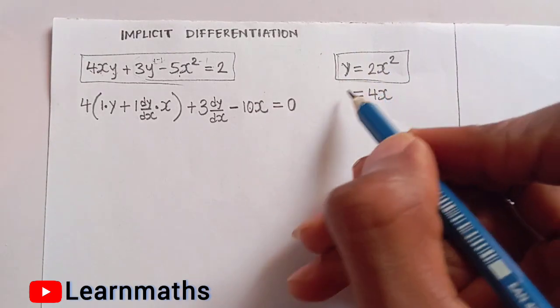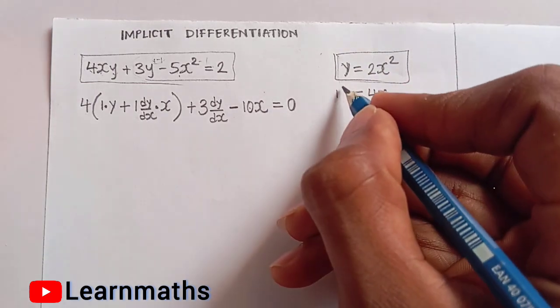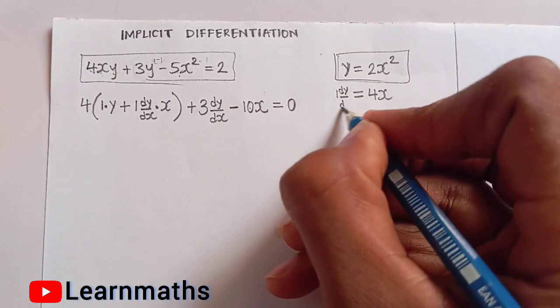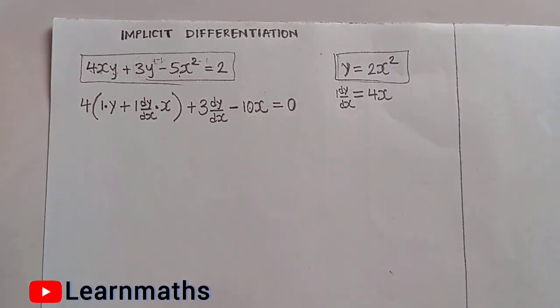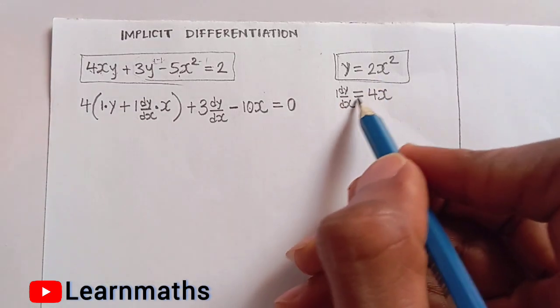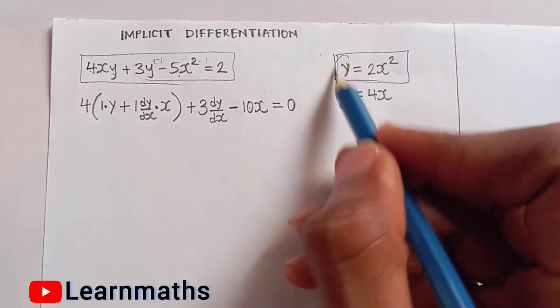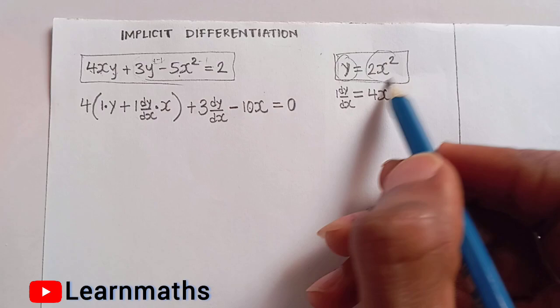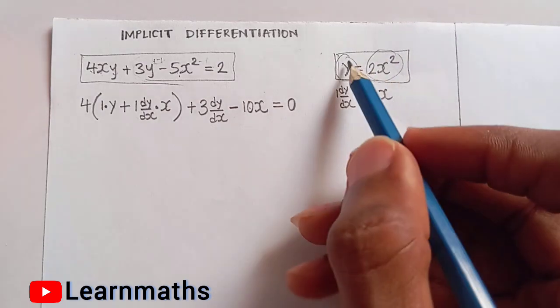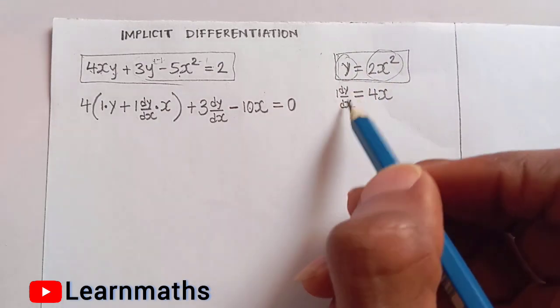The differential of y is 1, then you always attach dy dx whenever you differentiate y. That's why dy dx is going to be equal to 4x, because we differentiated the left hand side, we also differentiate the right hand side. Differentiating the left hand side, we got dy dx.